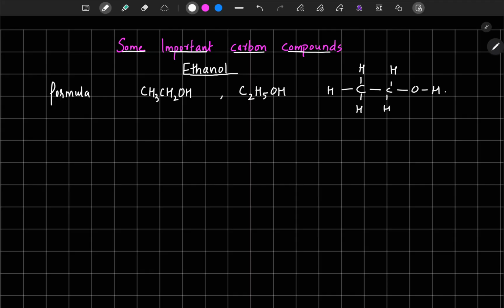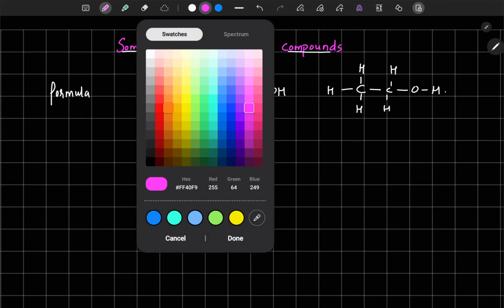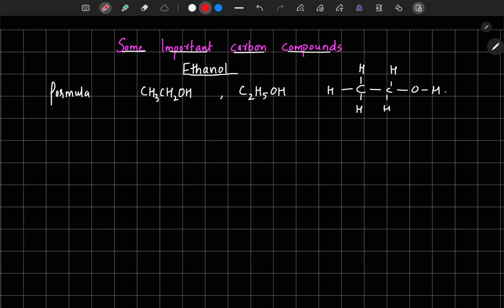So how is ethanol prepared? Do you have any idea how this ethanol is prepared worldwide? Preparation. You need to understand ethanol is prepared mainly by fermentation of sugars. This sugar we can get from carbohydrates or fruits, etc. We do this fermentation with the help of yeast.